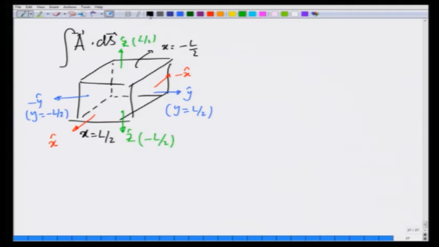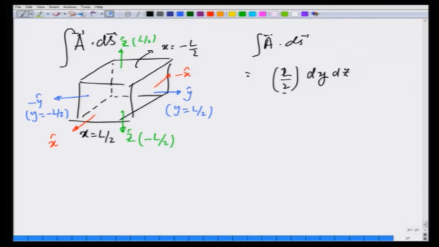So, when I do A dot ds for x equals L by 2, I am going to get L by 2 times dy dz, because remember A is x.